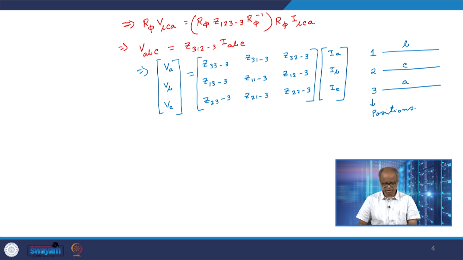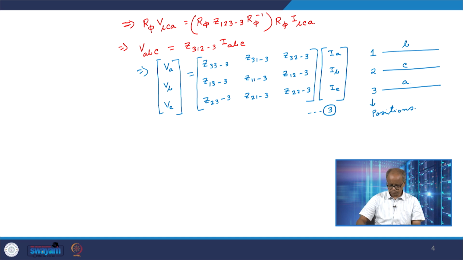So phase A takes position 3, so it is 33. Then A is connected to phase B, and phase B is in position 1, so this is 31. Then phase C is connected to position 2, so it is 32, and so on and so forth. So this is equation 3.